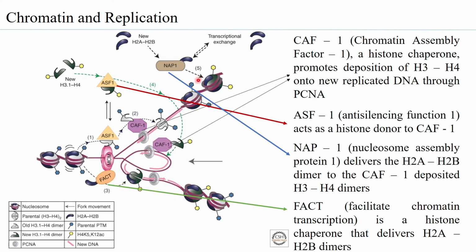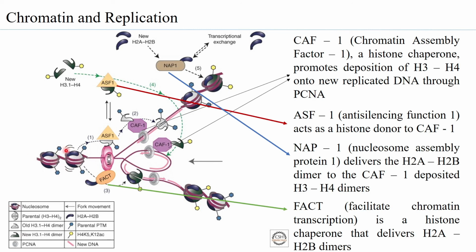Thereby, NAP1, CAF1, ASF1, and FACT are molecules that help in chromatin formation on the newly replicated DNA, and also the CMG itself, because of the N-terminal domain, is able to associate with other proteins that help in the disruption of the existing nucleosomes.